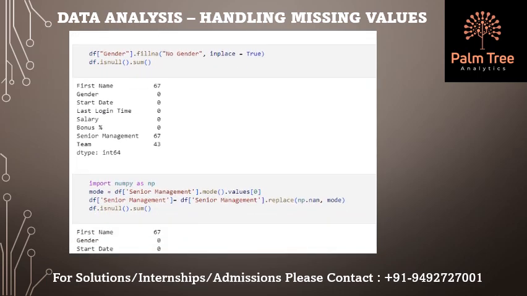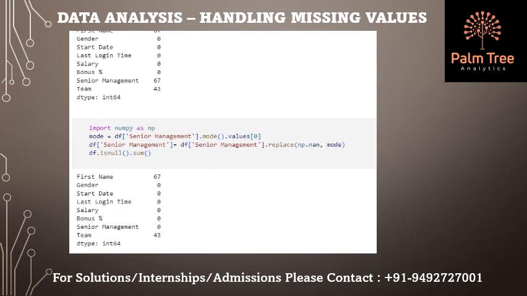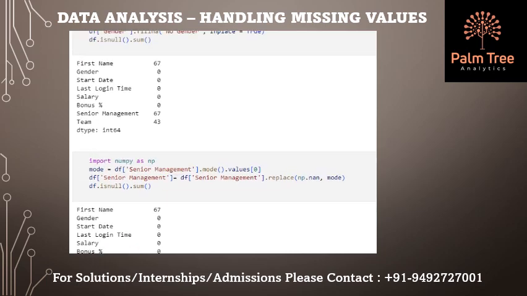And then with numpy, we replace other values also. Senior management has 67 NaNs, so we replace them with the mode. As it is a categorical variable, categorical variables are replaced with the mode.